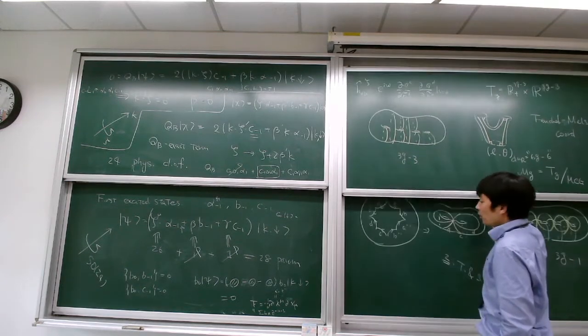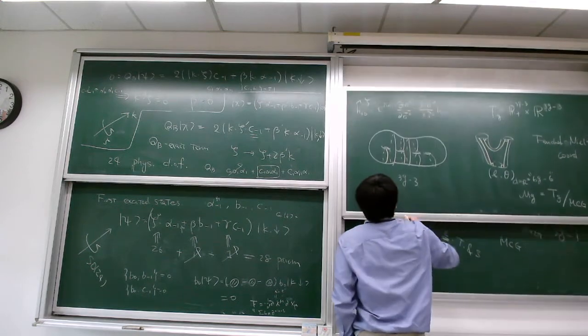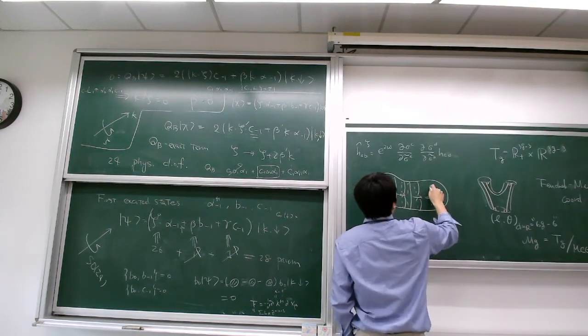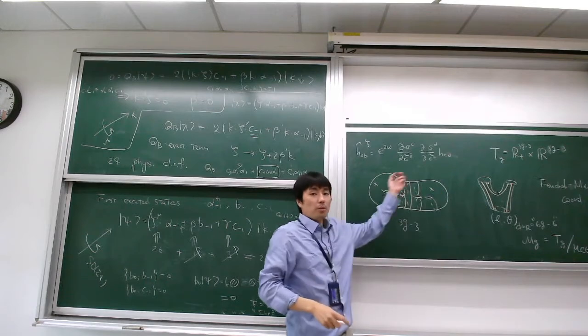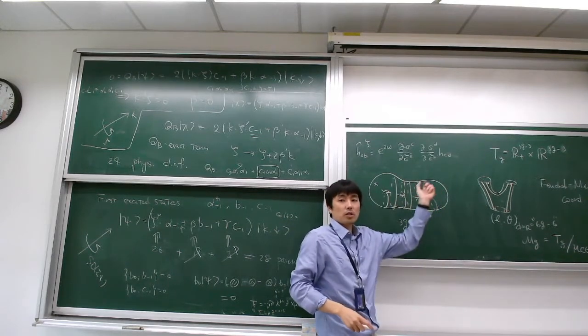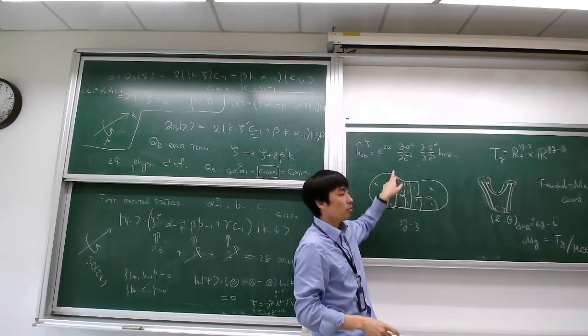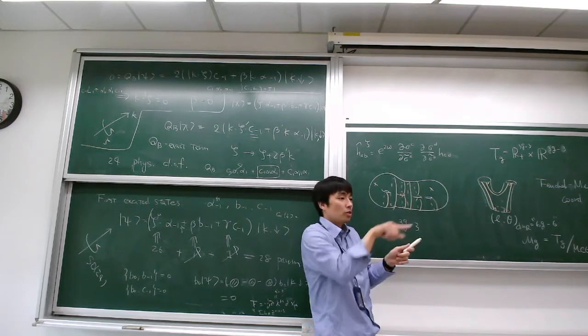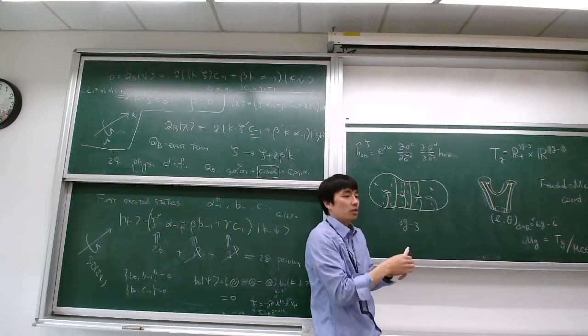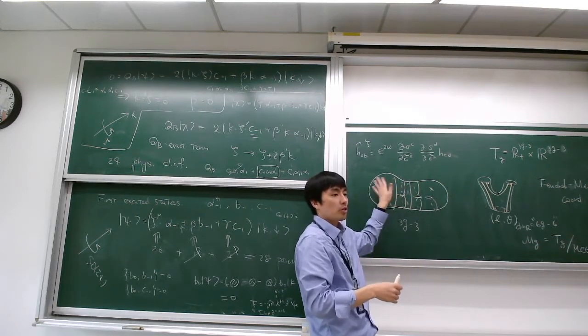And if you add a puncture, this puncture can move around the Riemann surface. So one puncture gives moduli of two degrees. It's real two-dimensional, so you can just move around the two-dimensional surface.